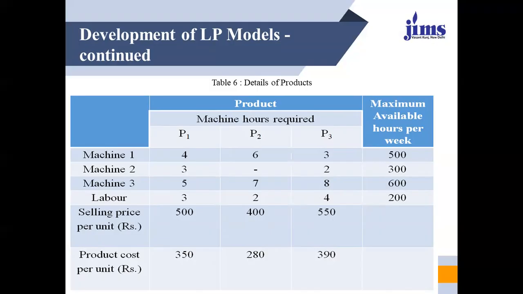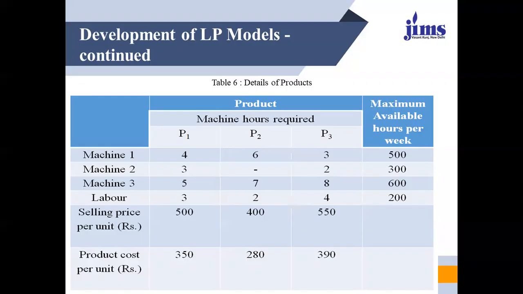And labor hours, it says that for product 1 you need 3 labor hours, for product 2 you need 2 labor hours, and for product P3 you need 4 labor hours, and maximum weekly availability of labor is 200 man hours. So we have to formulate the problem in a way so that our profit is maximized.